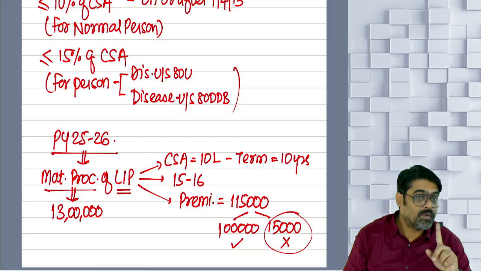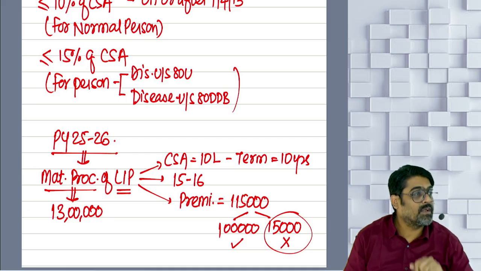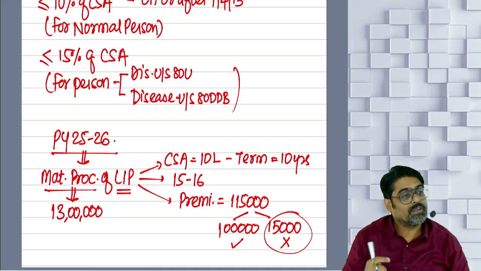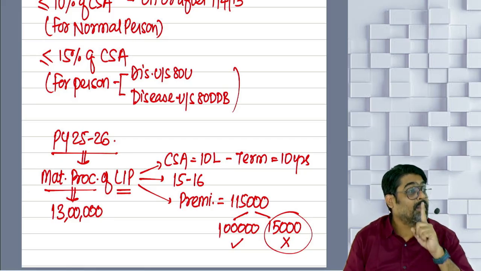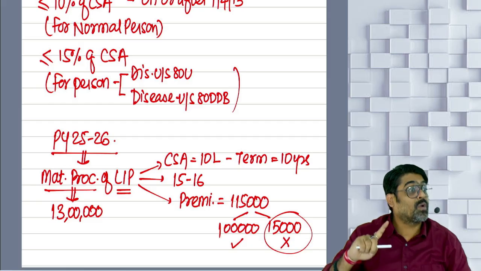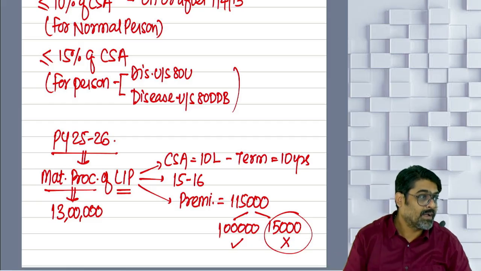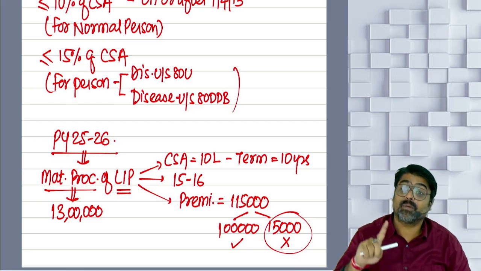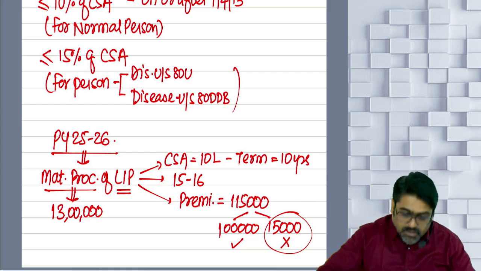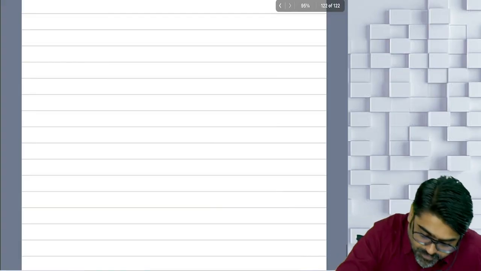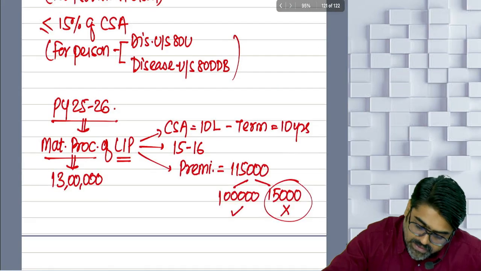So 1,50,000 out of 13 lakh minus. So how much is remaining? Now that amount will be treated as your income under the head Income from Other Sources as per clause 12. That maturity proceeds will now be taxable under clause 12. Understanding? So what I am trying to tell you, maturity proceeds, what did I say?